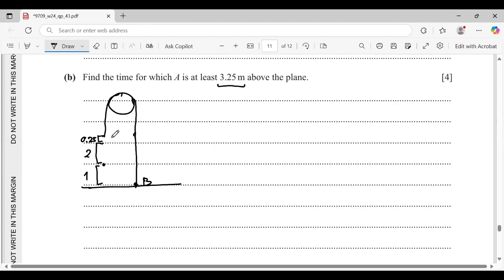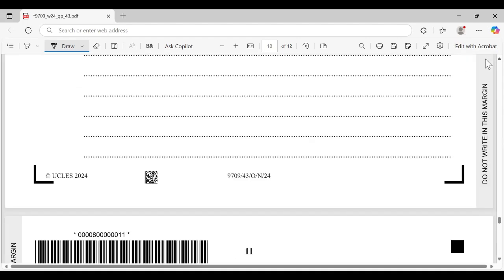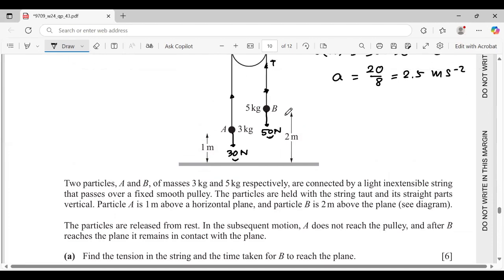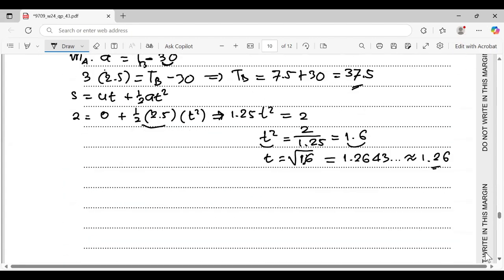Look, the first position of particle B is 2 meters. I'm going to show you 2 meters on this one. So if it is already 3.25, it means the particle B is already on the ground, right?